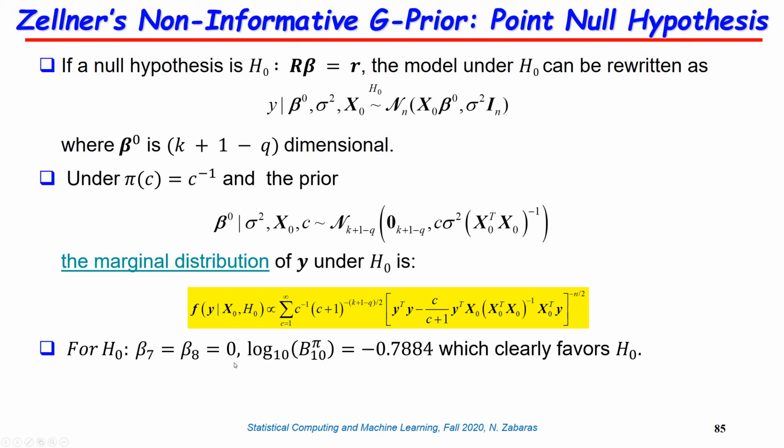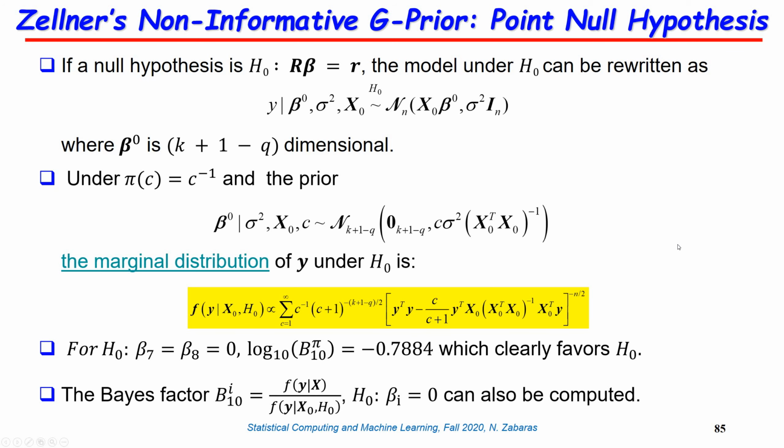This is not surprising, because when we discussed other types of prior models before, we noticed that parameters 7 and 8 never stayed in the model under different approaches to this variable selection problem. But now you can see it in this non-informative setting where the parameter C is integrated out. You can come up with similar results.